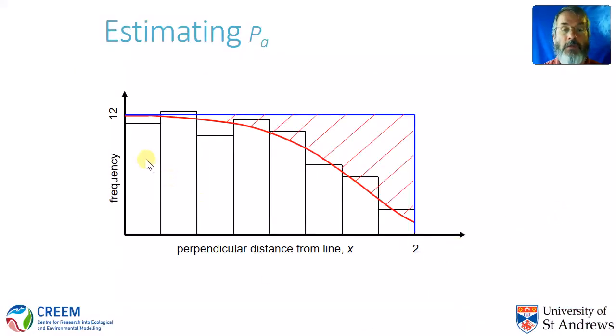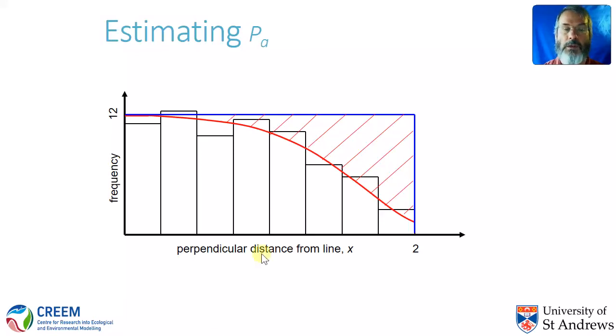So after the survey is concluded, you bring back data such as this that can be plotted up into a histogram such as this. Now, what happens to the information in that histogram? How does that histogram of observed perpendicular detection distances help us estimate P sub A?